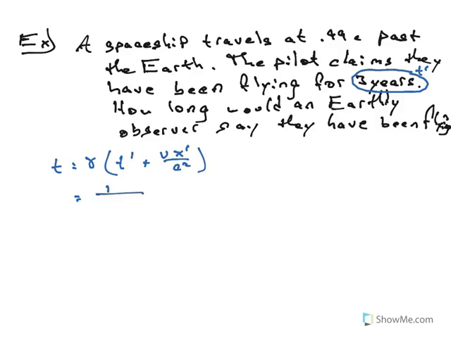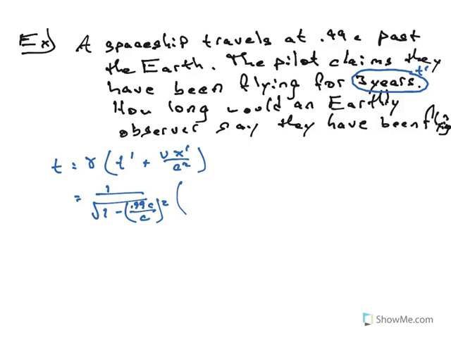Gamma, that's 1 over the square root of 1 minus u, well, that's just 0.99 times c, over c, and all of that is squared. Right? That's our gamma, u over c squared. That's multiplying time.